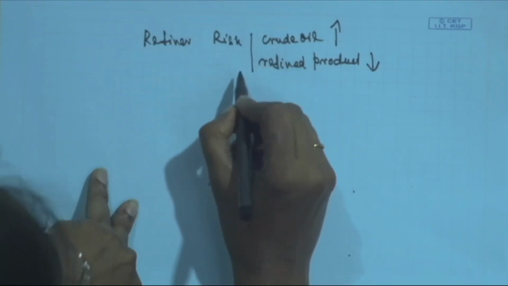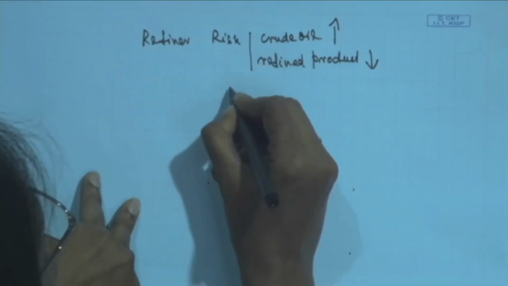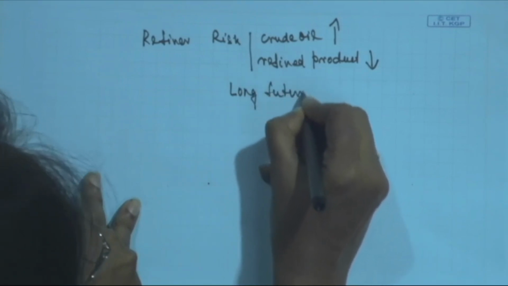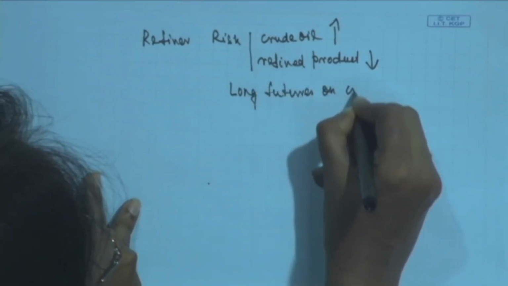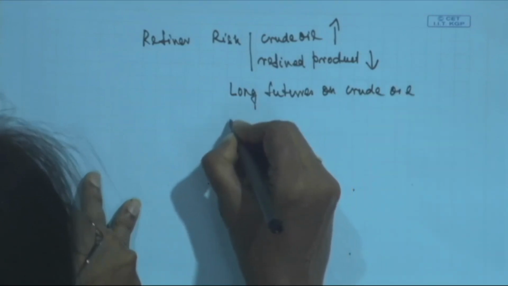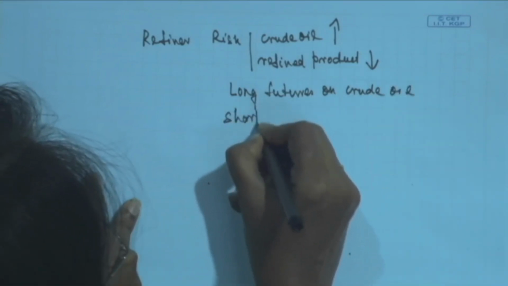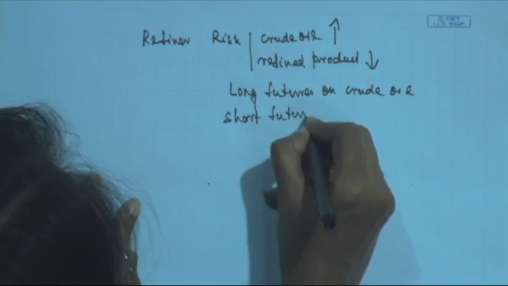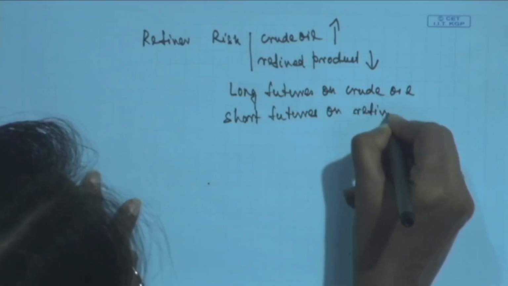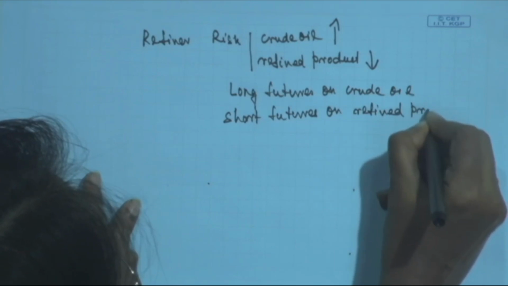If it goes for a futures contract, it will be buying long futures on crude oil and short futures on refined products, whichever refined product it is producing.